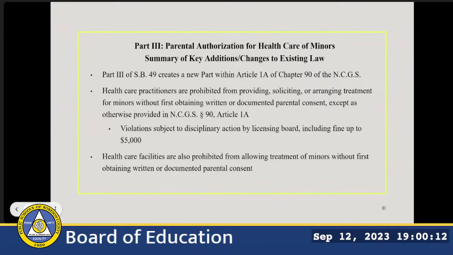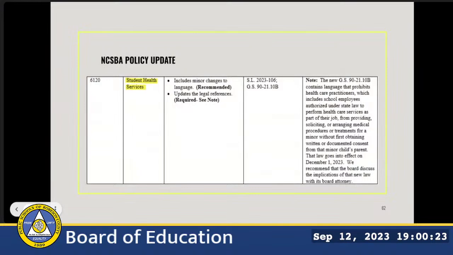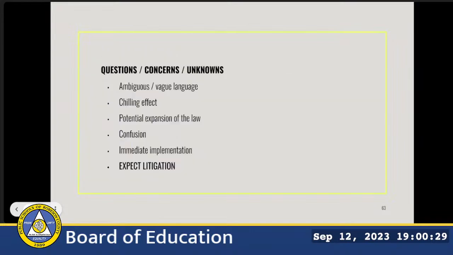Healthcare facilities are prohibited from allowing treatment of minors without first getting written or documented parental consent. So this deals with things like hormone treatment and therapy and other such things. This is a suggestion on policy changes for student health services.